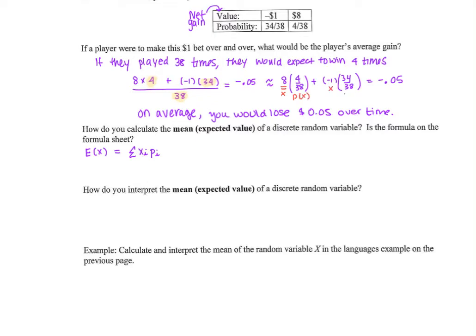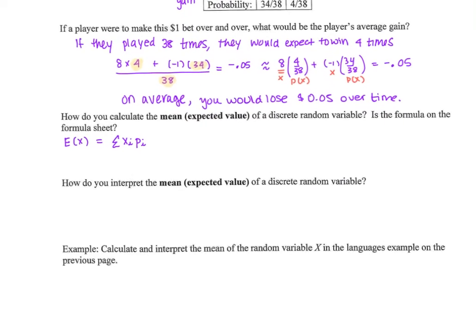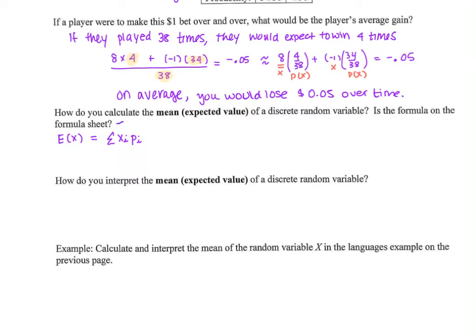If you multiply all those x's and p of x's together and then add them up, that gives you the expected value. That formula is on the formula sheet in case you forget it, and they use the word E of X.